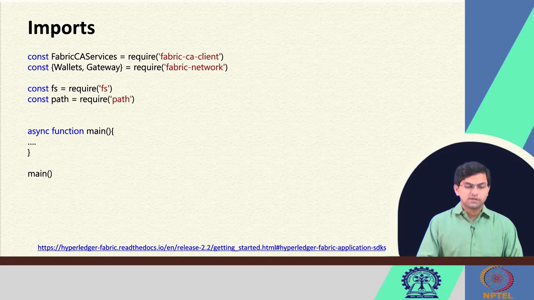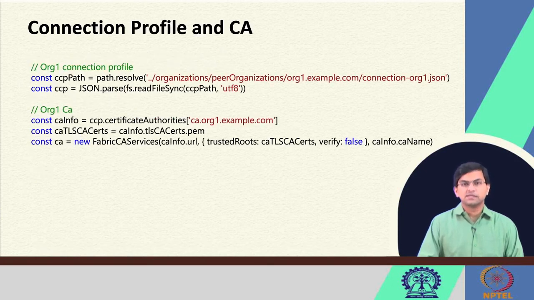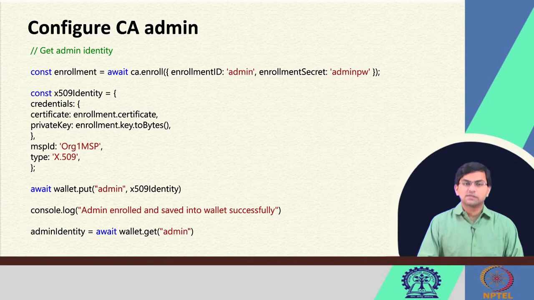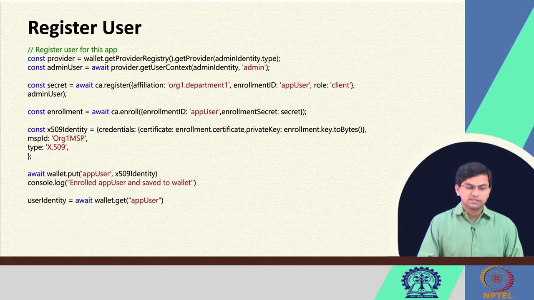So, we saw how we can write a Fabric application, and the broad steps that we followed are first importing the prerequisites, which are the Fabric CA network and Fabric network coming from the Fabric SDK. Then we define the connection profile and some information about the Fabric CA from the connection profile itself, and we also define the Fabric CA services. After that we configured the CA admin, and then we registered the user for this particular client application.